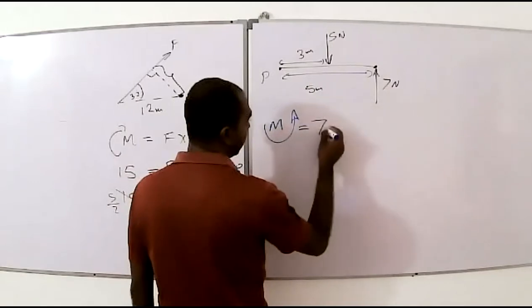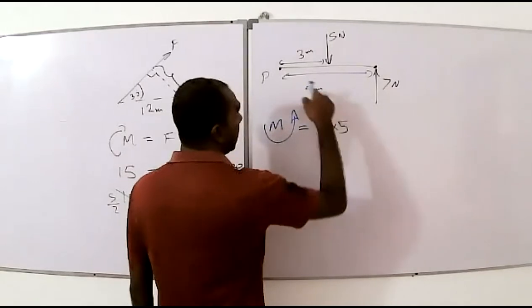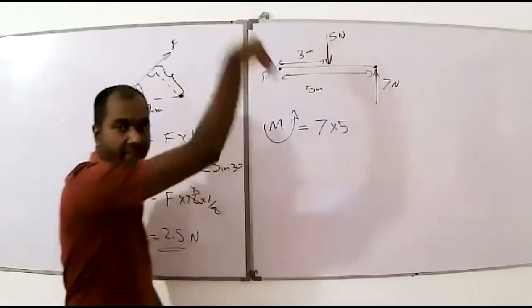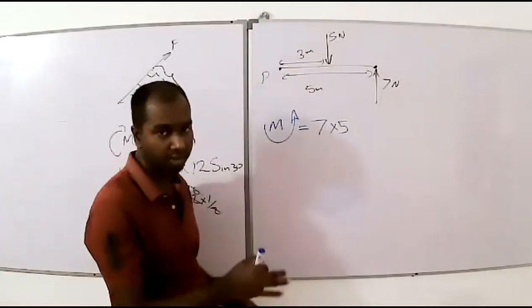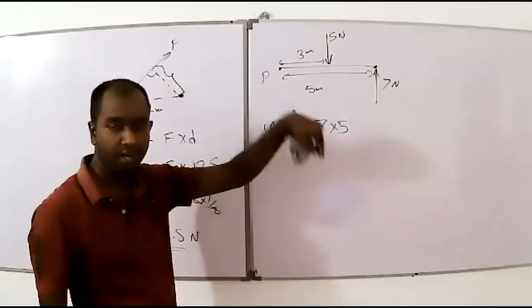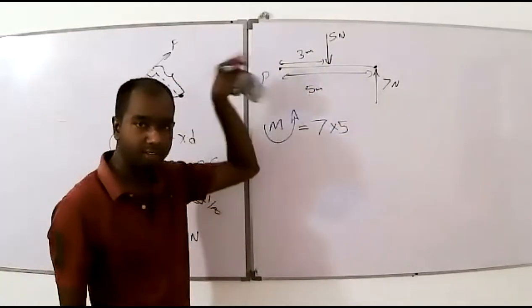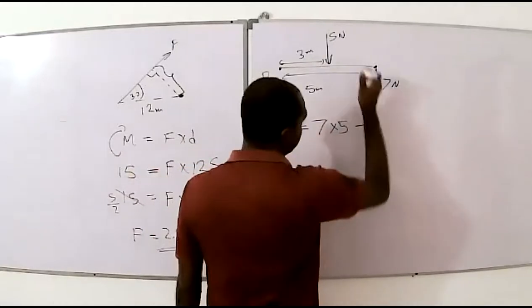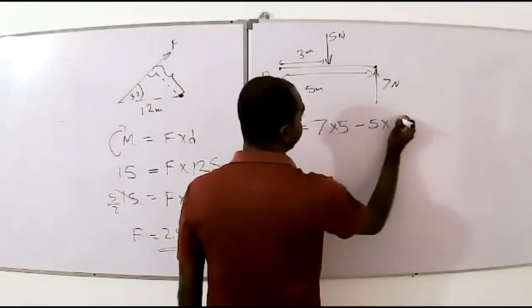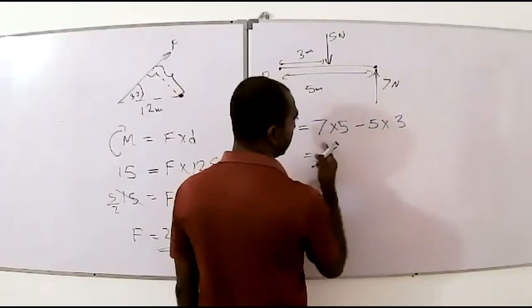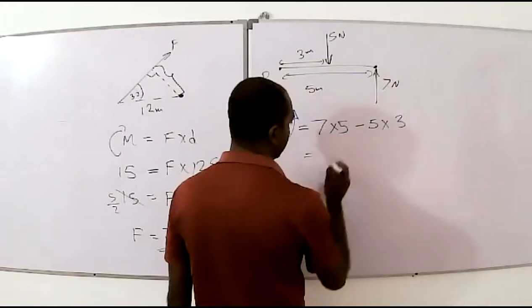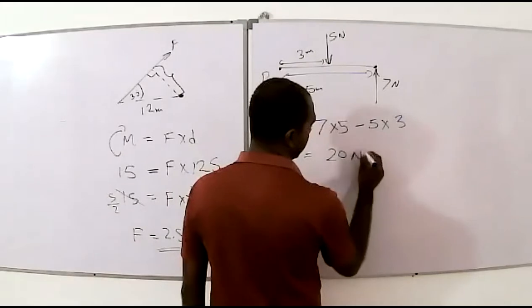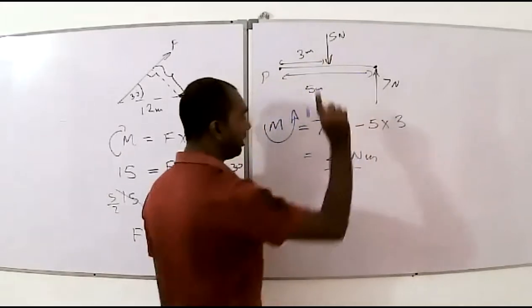Around P, it is 7 times 5, and this one is coming the other way. If the given moment is against the considered direction, you take it as negative. So it's minus 5 times 3, so it's going to be 35 minus 15, which is 20 Newton meters.